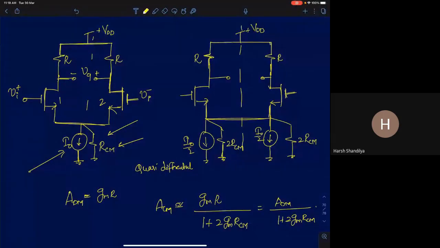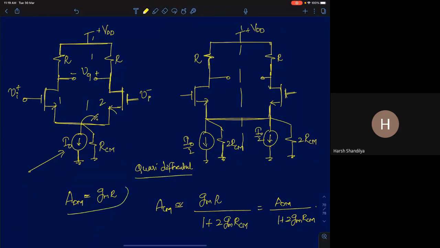Even though there is mismatch between the two halves, the transconductances or the load resistances, we argued that since that mismatch is so small, I can assume this node to be very close to differential ground. We called this approximation the quasi-differential approximation. By making that assumption, the analysis becomes very simple.